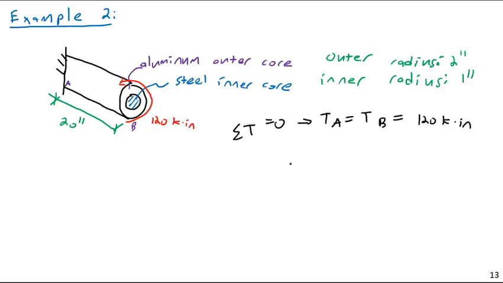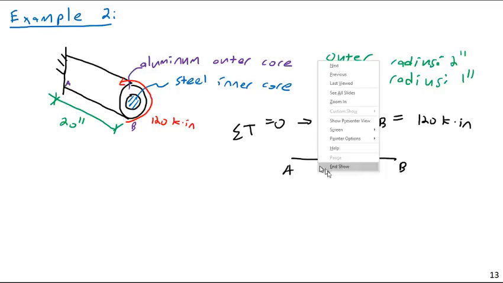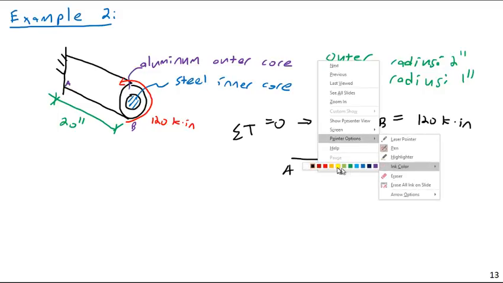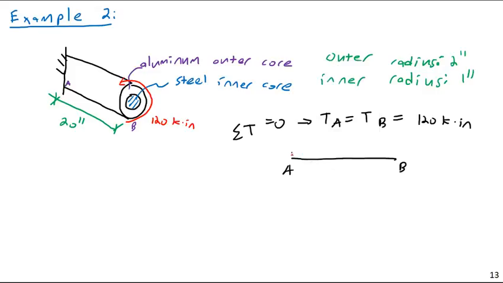In other words, our torque diagram is going to look like this: A and B, we just have a constant value torque diagram, positive 120 kip-inches. And this is torque.